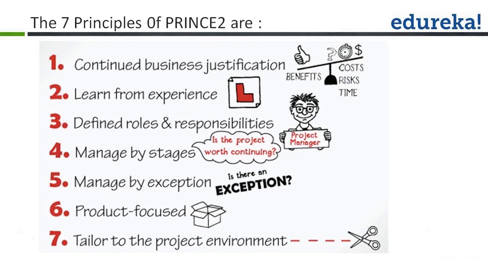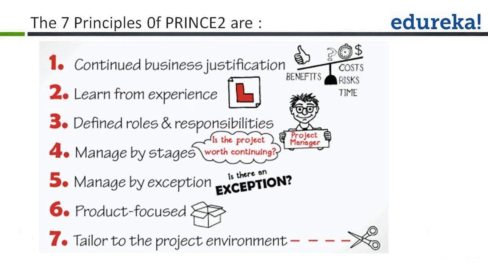The third important principle in PRINCE2 is defined roles and responsibilities. It is important for everyone in the project team to know what is expected from them in terms of responsibilities, their level of authority for taking decisions, and who they report to.